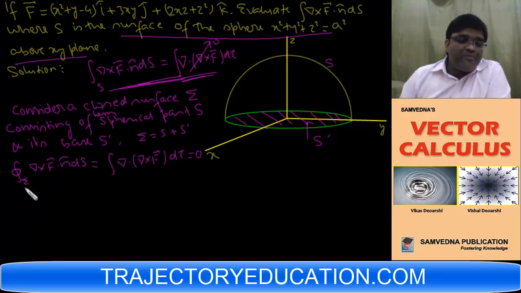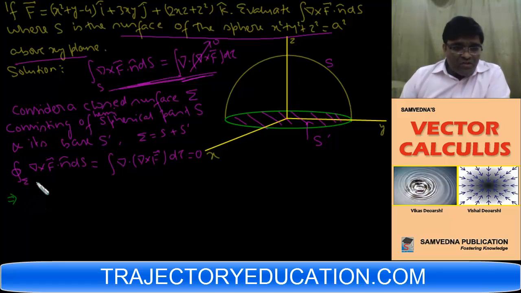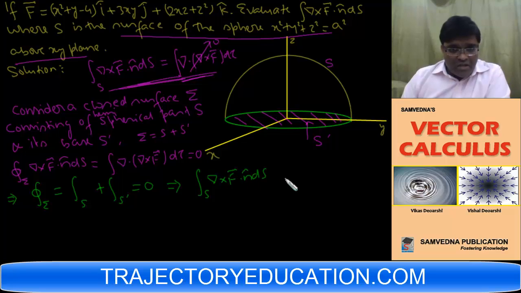So the surface integral of curl f over sigma is 0, and since sigma consists of S and S dash, this is equal to the surface integral on S plus the surface integral on S dash, which is 0. And from here I get an idea that the integral of curl f dot n ds on S, taking this side, is equal to the integral of curl f dot n ds over S dash, right?